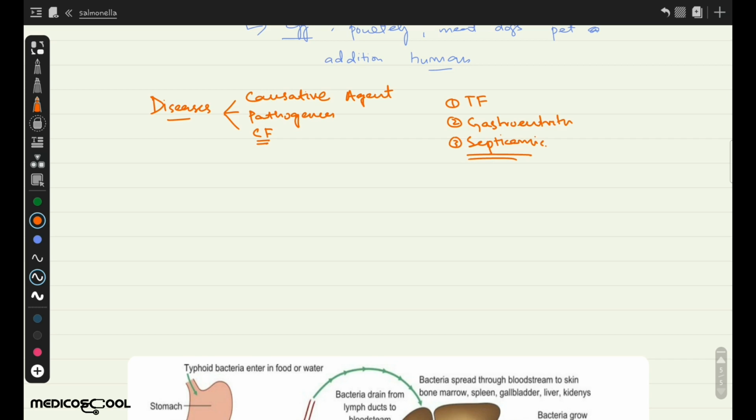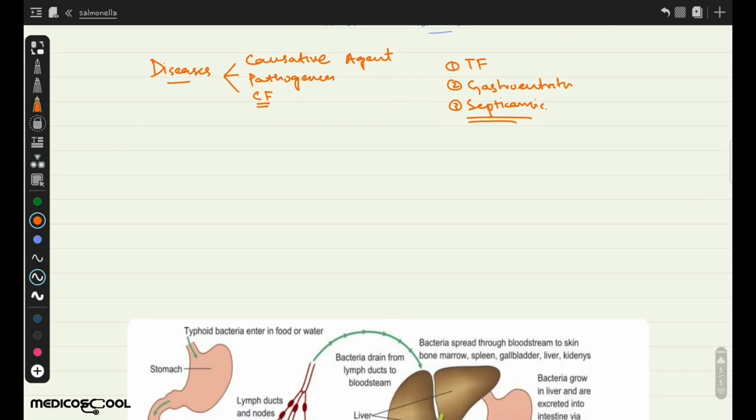We will first study typhoid fever. It is one of the most important diseases caused by Salmonella species, and it is mostly caused by two species of the Salmonella genus.